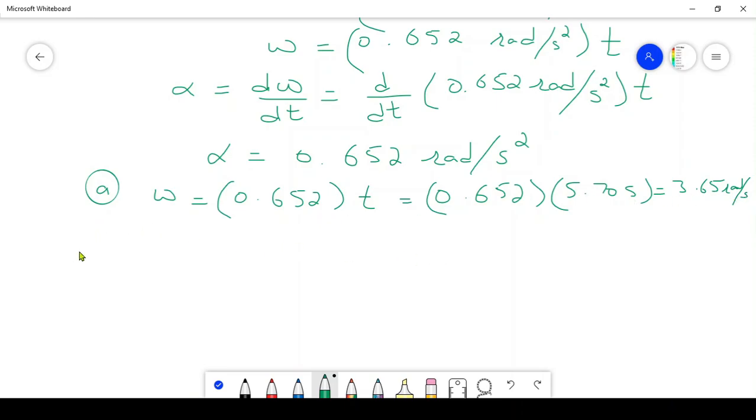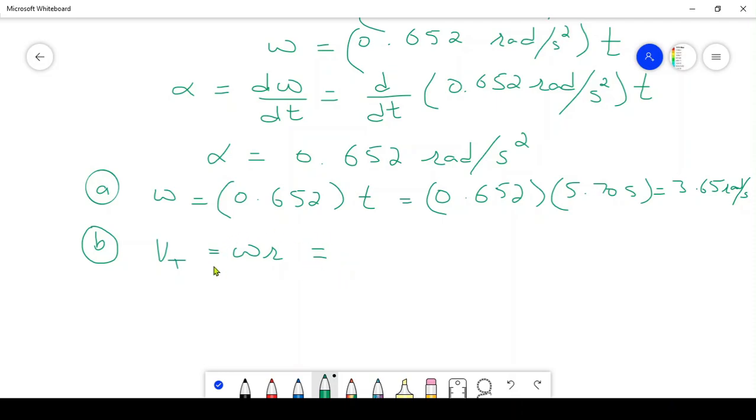In the second part, we are required to find the tangential speed. The formula of tangential speed is calculated in the previous section and is given by the following relation: Vt is equal to omega r. The value of omega is calculated in the first part, and we are given the value of radius to be 10.4 meters.